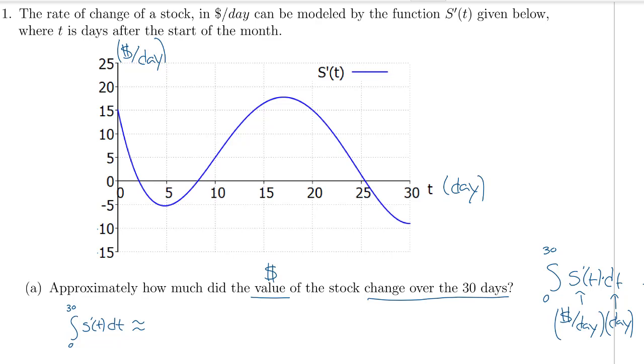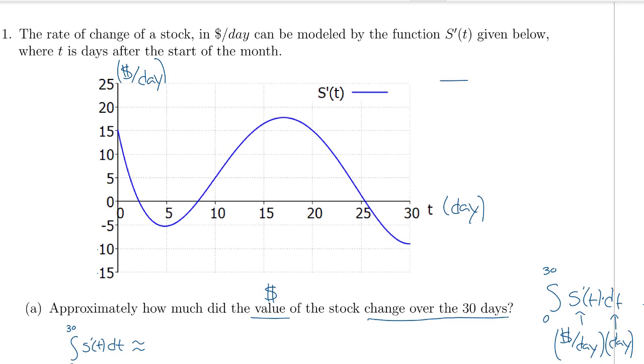So let's count boxes, and we can notice right away that one of these boxes has an area of $25. So multiply the side lengths of each box, and we see that we have 5 days on one side and a height of $5 per day.